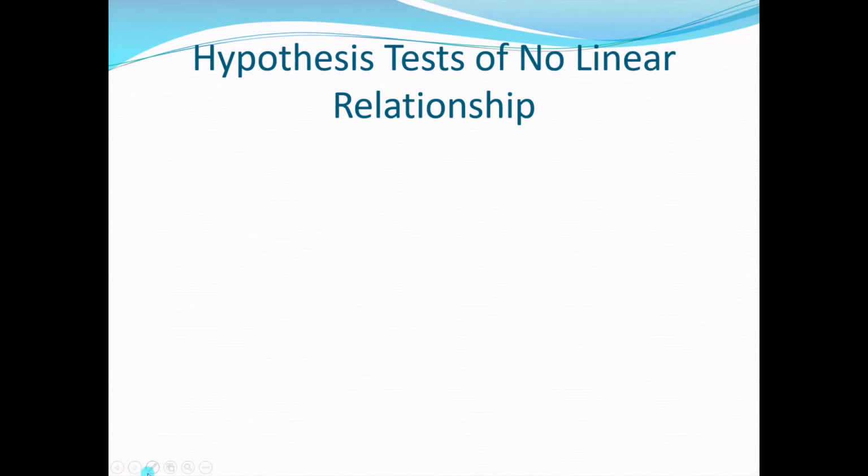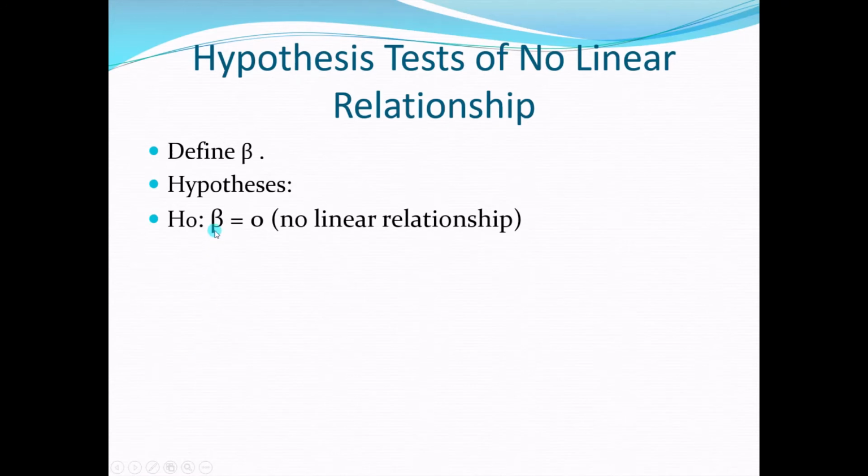That beta equals 0, which means no linear relationship. So define beta, right? We always do that. Hypotheses, beta equals 0 for H0, meaning no linear relationship, which fits all the other things. No effect, no change, no difference, no relationship, no linear relationship.